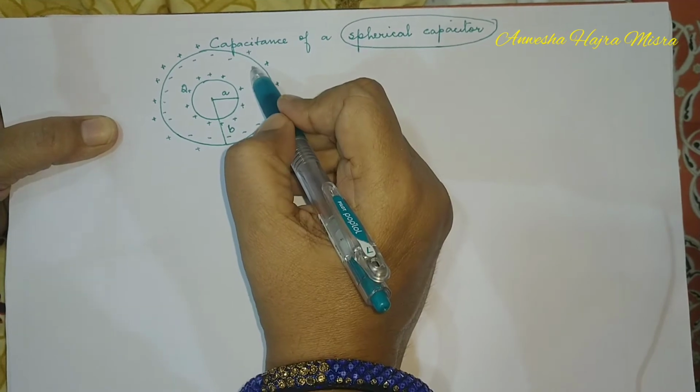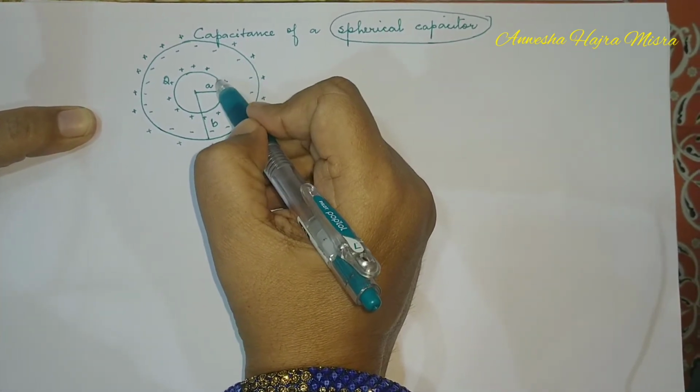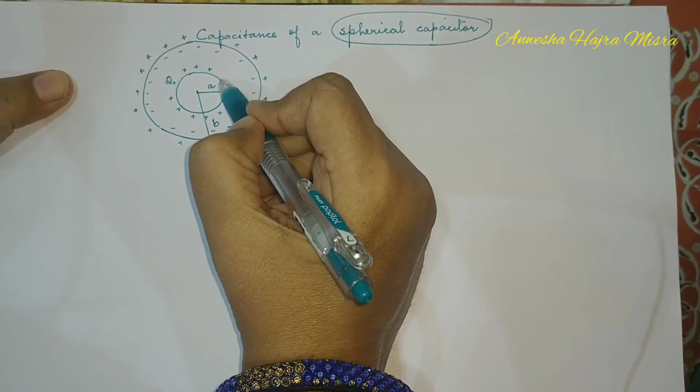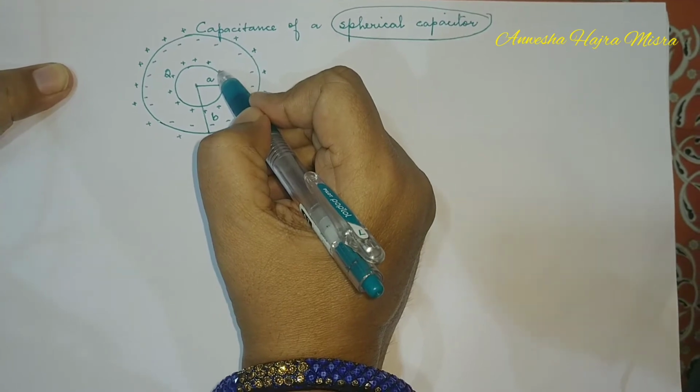Now what will this negative charge do? The negative charge will reduce the potential of the inner sphere and the positive will increase the potential of the inner sphere.